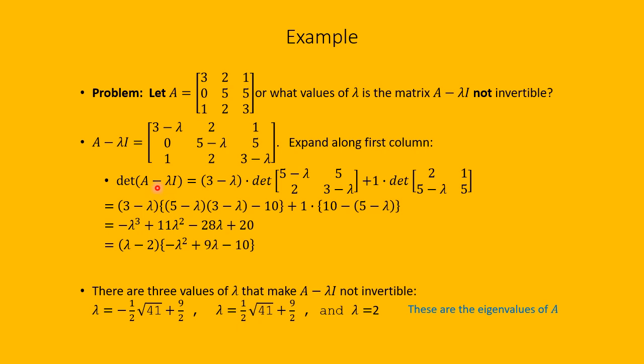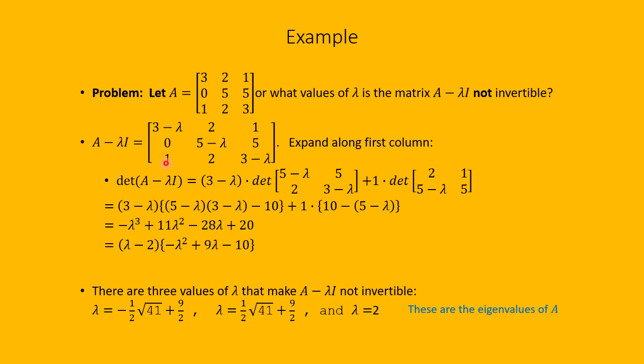So we'll expand along the first column. The determinant of A minus lambda I is going to be minus 1 to the 1 plus 1 times 3 minus lambda times the determinant of this submatrix. The next term is going to be minus 1 to the 2 plus 1 times 0 times something, so that's just 0.